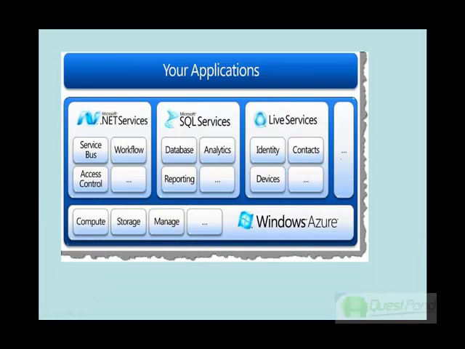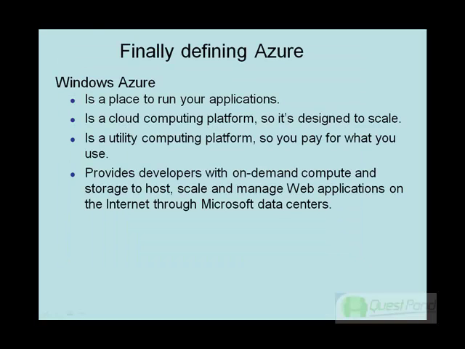So summing up what Azure is all about. Azure is a cloud computing platform, where a pay-per-use model can be executed. In other words, it's a place where you run your web applications. It's a cloud computing platform, so it is designed to scale. It's a computing platform where you pay only for how much you use.